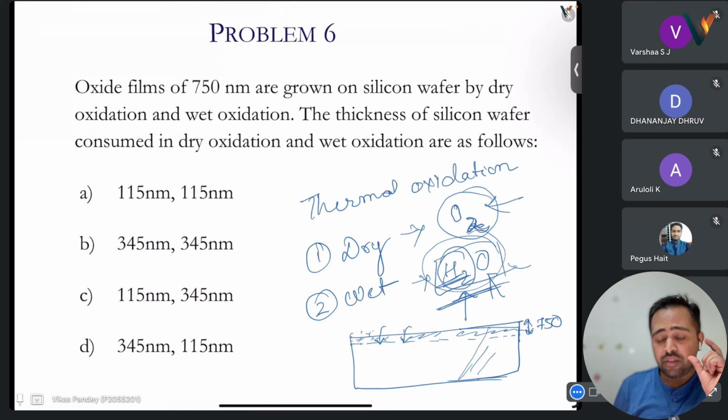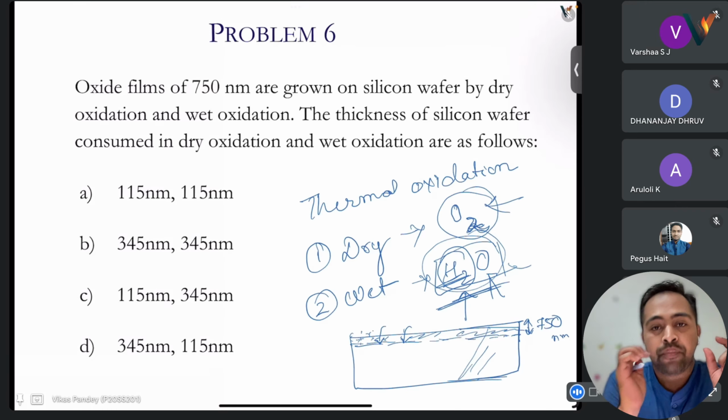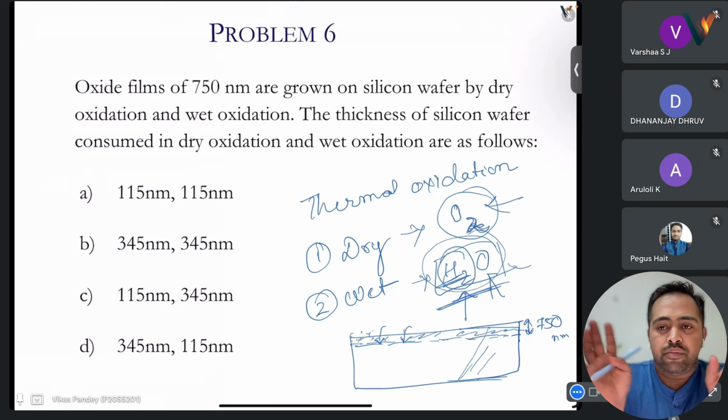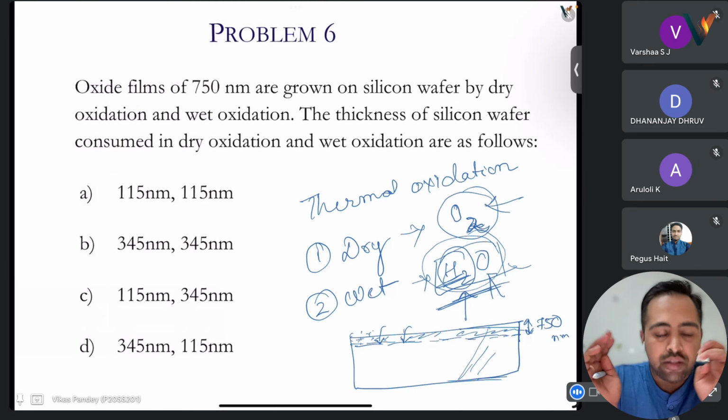So what if we are creating 750 nanometer of this oxide layer, let's say by dry oxidation and wet oxidation, two different ways?